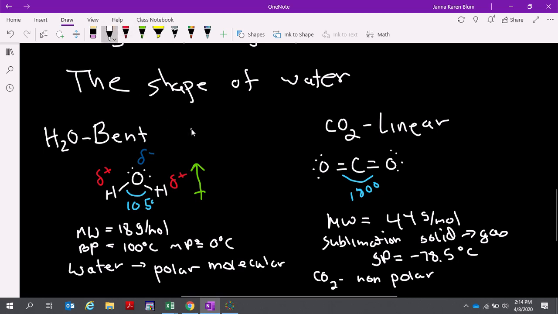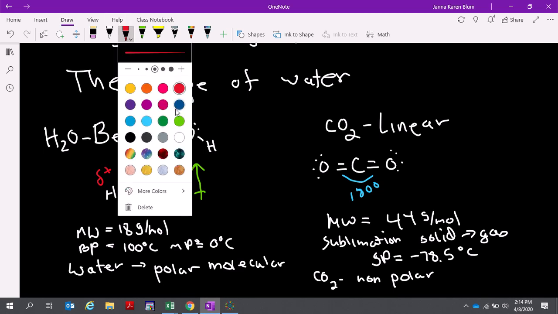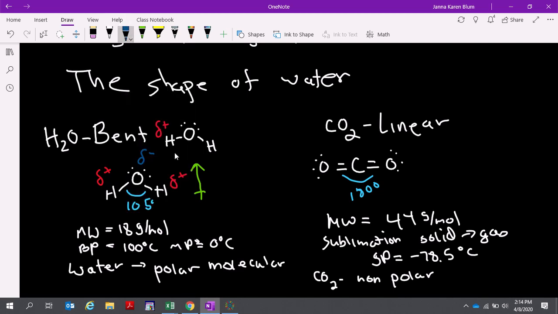So if I have another water molecule here, and it's also partially positive over here, partially negative. And so if we remember, opposites attract, positive, negative attract.